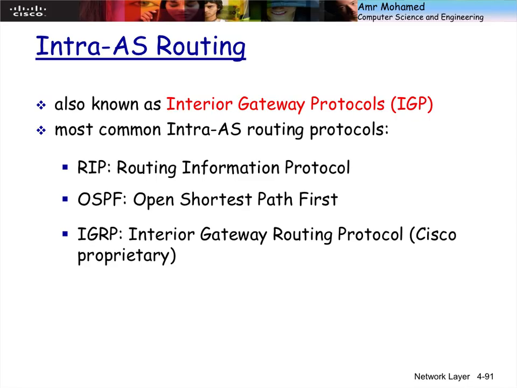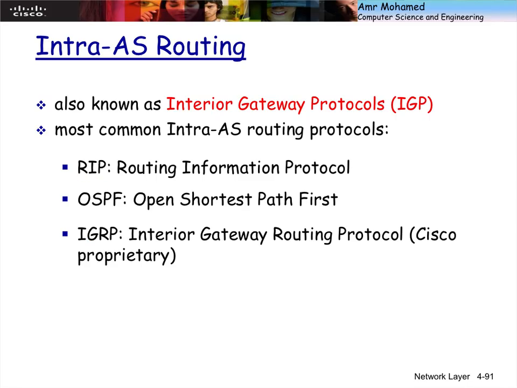Interior means inside. Border gateway is an exterior routing protocol. So these are RIP, OSPF, and IGRP, and we have EIGRP, of course. EIGRP was the only one that was proprietary, but as far as I know, it was standardized maybe 10 years ago. So we have RIP, OSPF, and EIGRP.